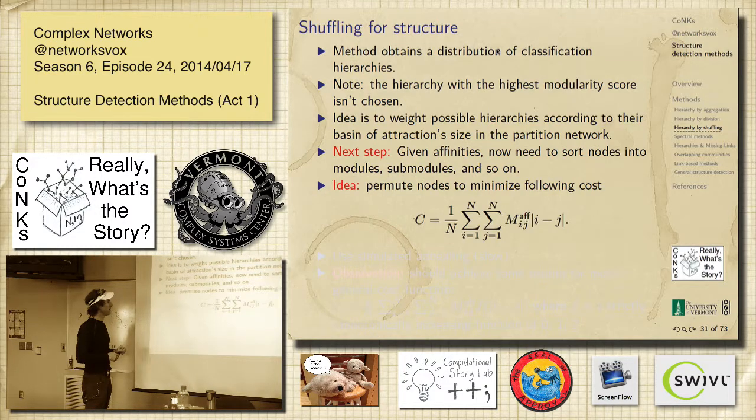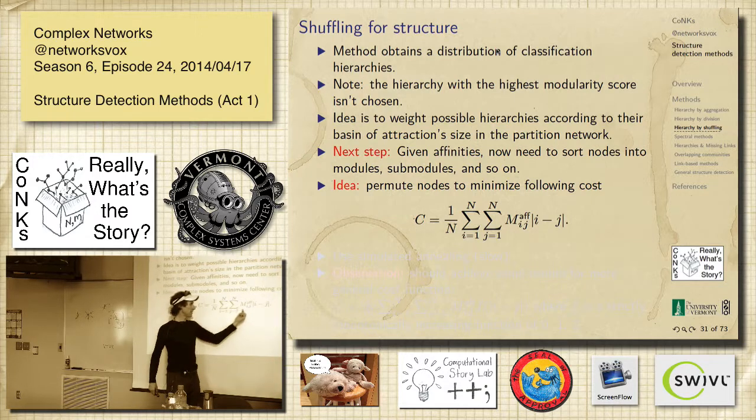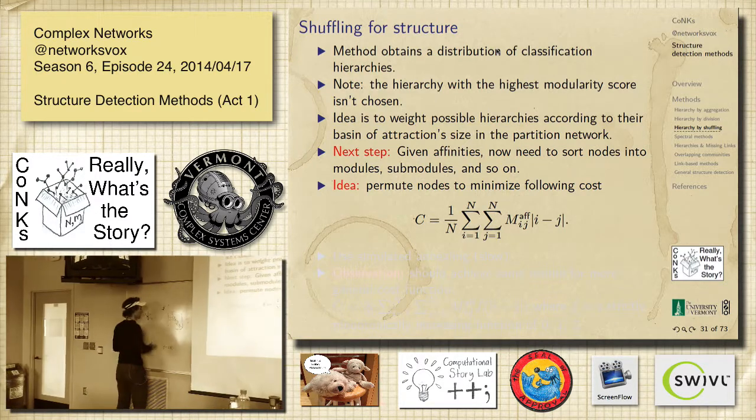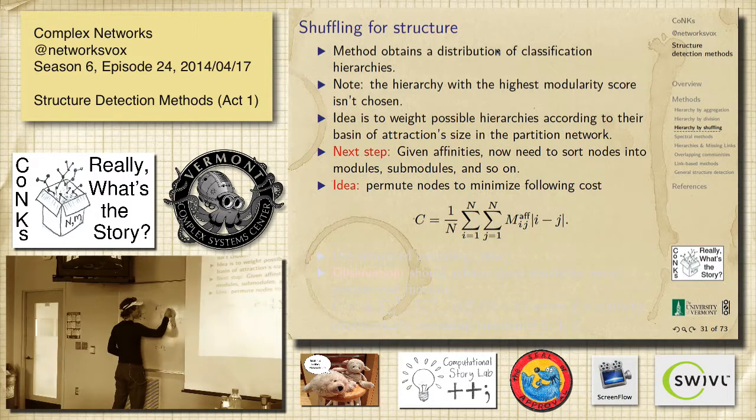Now you have to sort them. It's a permutation of this matrix to minimize this cost. So this is really saying, okay, there's a matrix of affinities. I minus J is really just this distance from the diagonal.